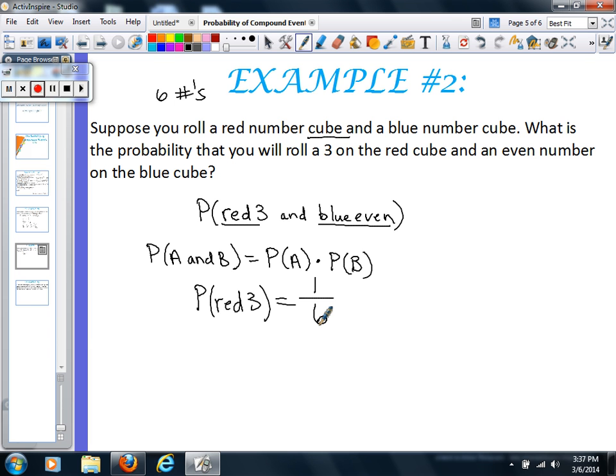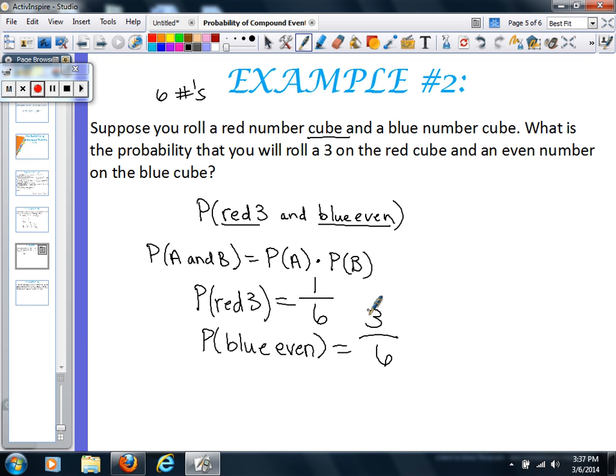Alright? Now, the probability that I'm going to get blue on the blue is even. There are 6 numbers, and how many of them are even? Okay? You've got 2, you got 4, and you have 6. So you have 3/6.